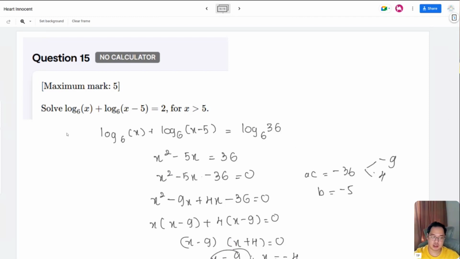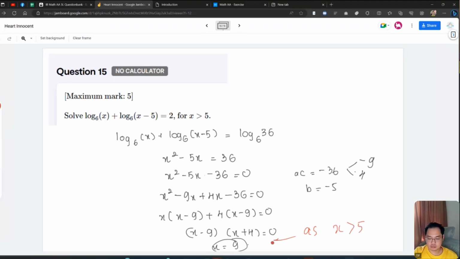So just erase the negative value here and write an explanation as x greater than 5. Okay, that's it. Good job.